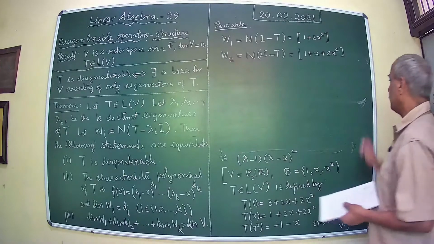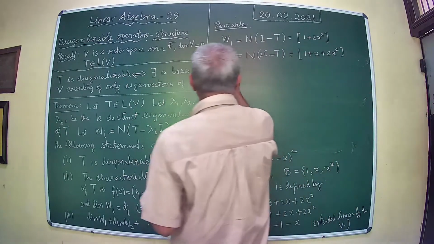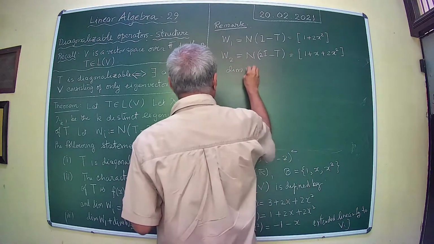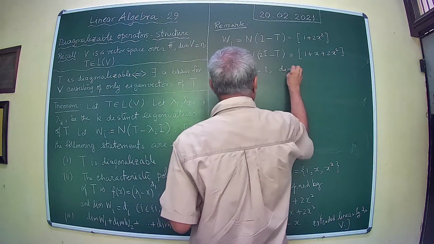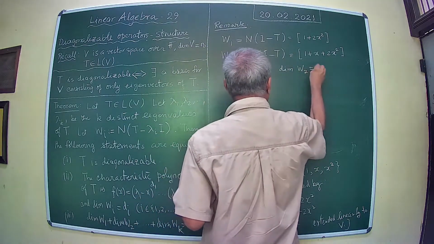Here you see that the dimension of W2 is also equal to 1.